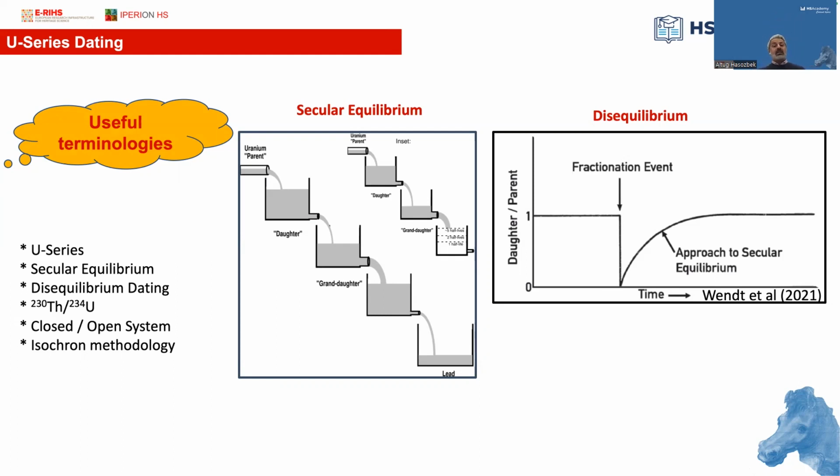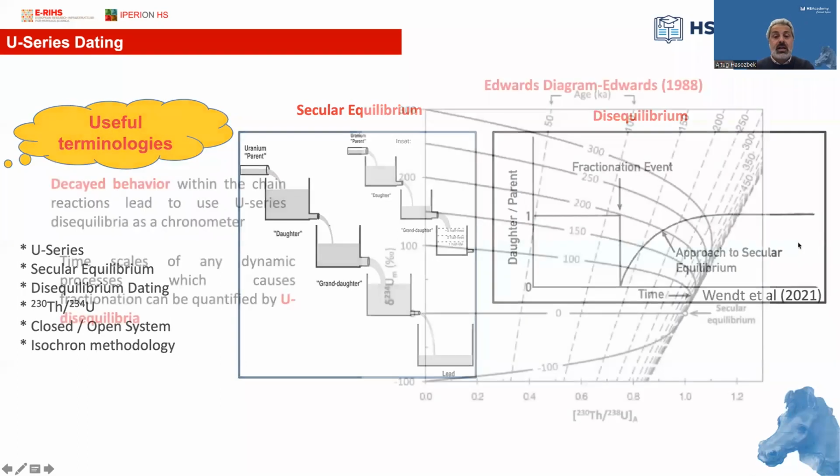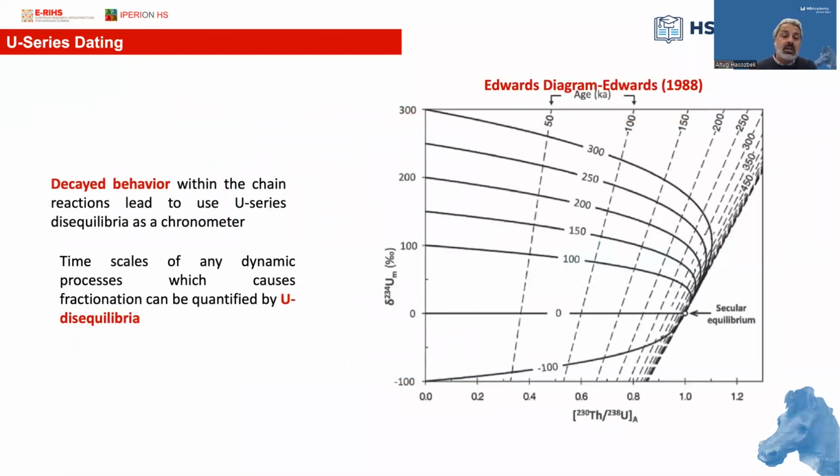This is called a disequilibrium technique: a fractionation event happens at time zero, and the system then eventually approaches secular equilibrium in the decay series. This is defined by the Edwards diagram from 1988.